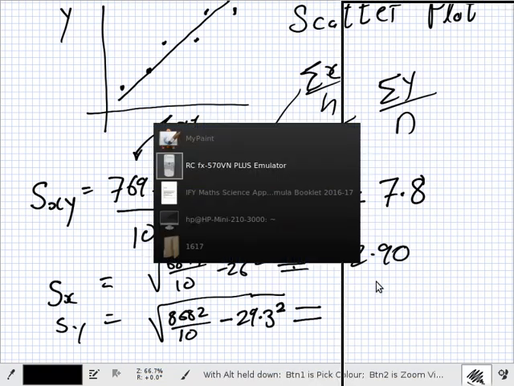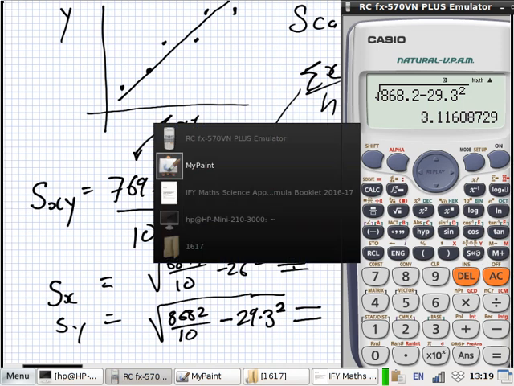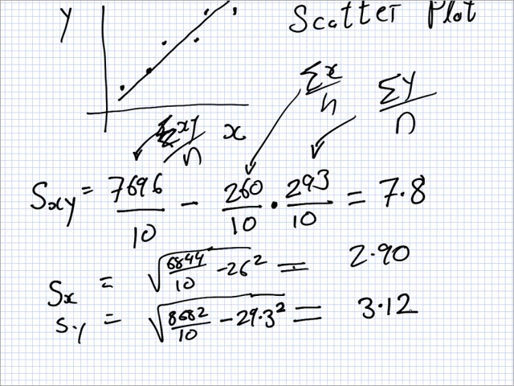And then the next one, 3.12? Yeah. Okay, that's not too bad, but it's only 3 marks. Well, you know, it's not too bad, but it's not too easy, I guess.